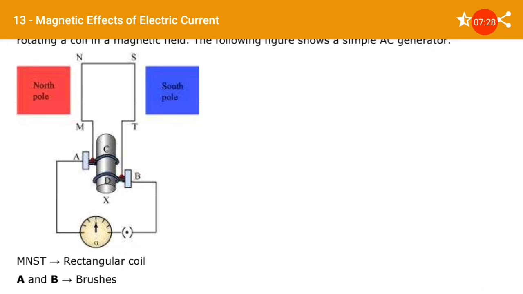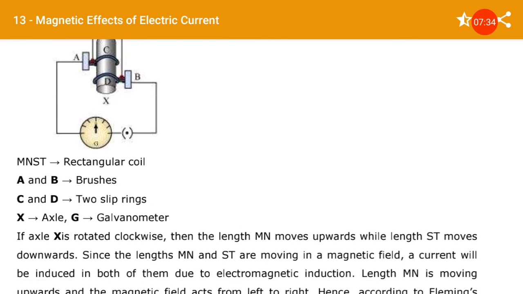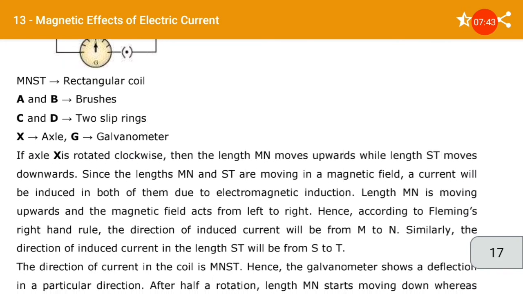So the North Pole and South Pole are there, the brushes are there, split rings are there. You can see A and B are brushes, C and D are two split rings, X is the axle, and G is the galvanometer. So if axle X is rotated clockwise, then the length MN moves upward while length ST moves downward.